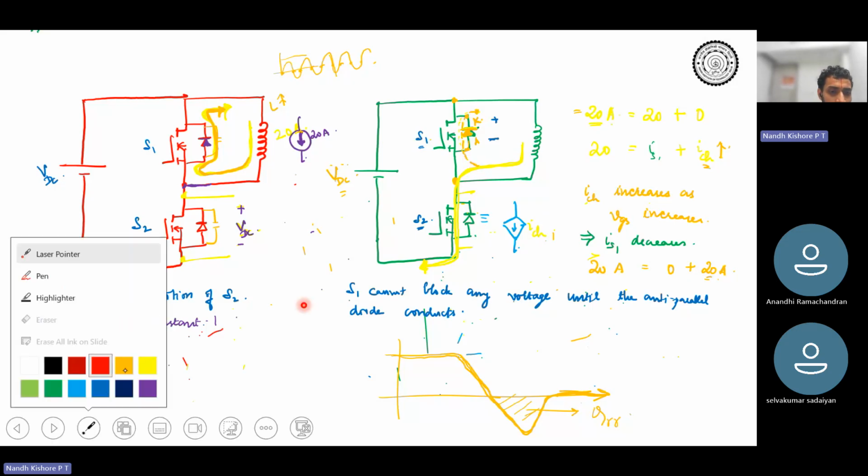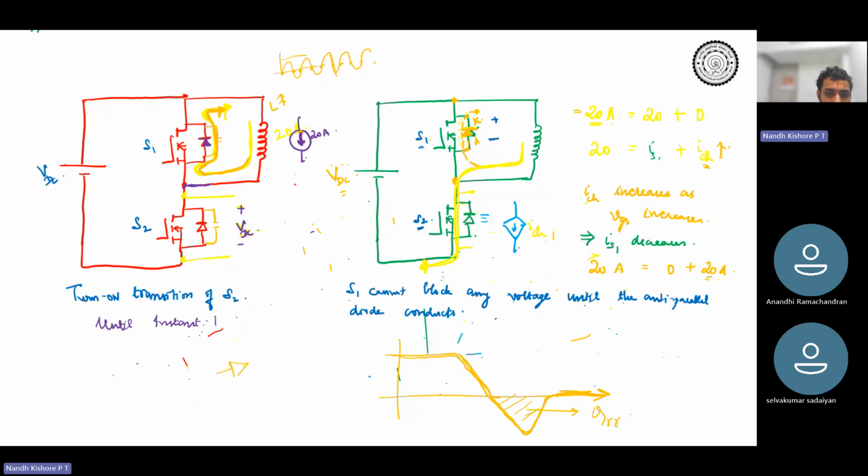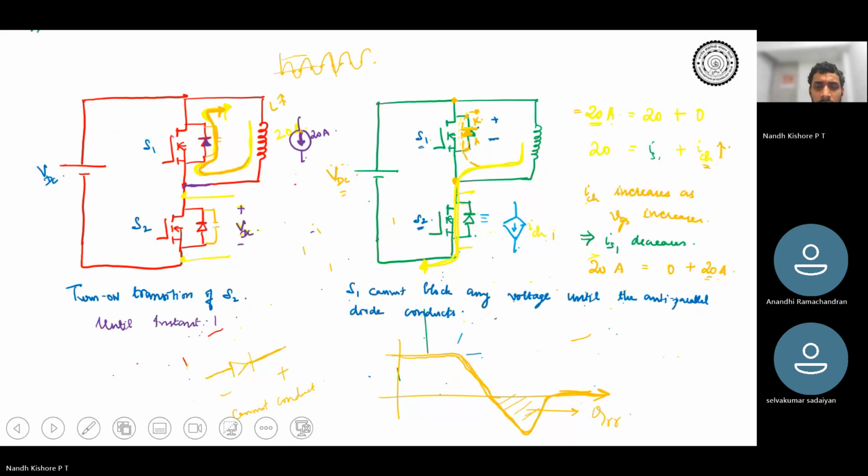Okay. So you know that if there is, let's say, a voltage like this, the diode cannot conduct, right? If there is a positive voltage across the diode, something like this, the diode cannot conduct.